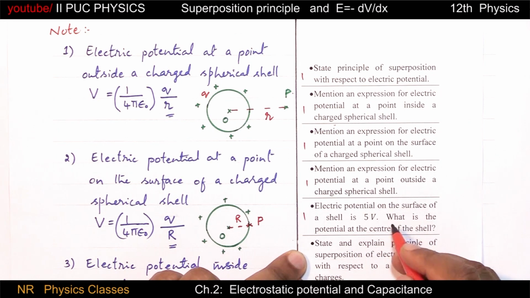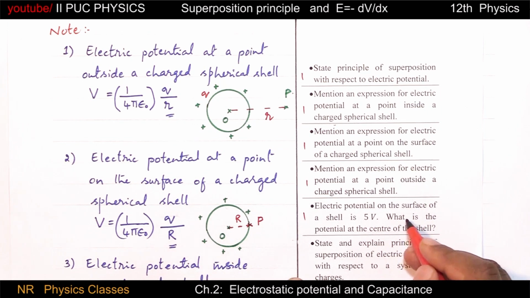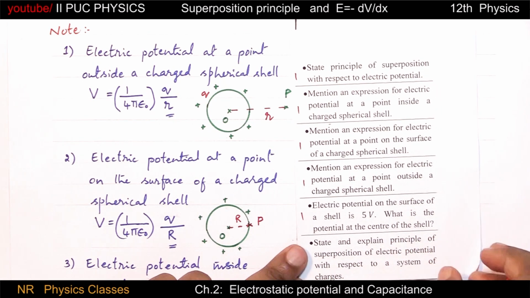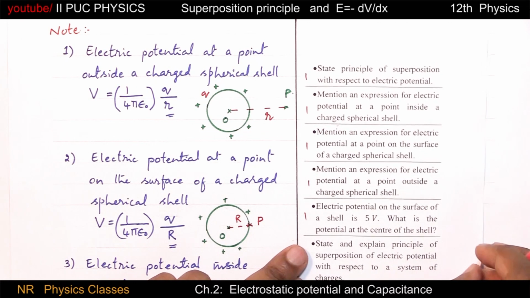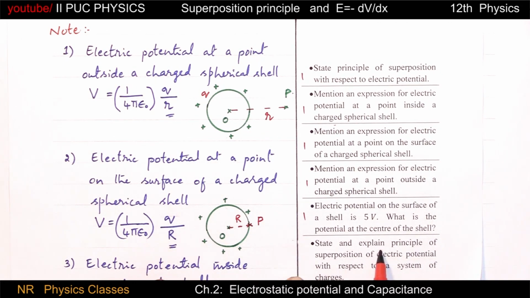You can also justify the statement by giving a reason. State and explain the principle of superposition of electric potential with respect to a system of charges. Write the statement and equation, that is for 2 or 3 marks.